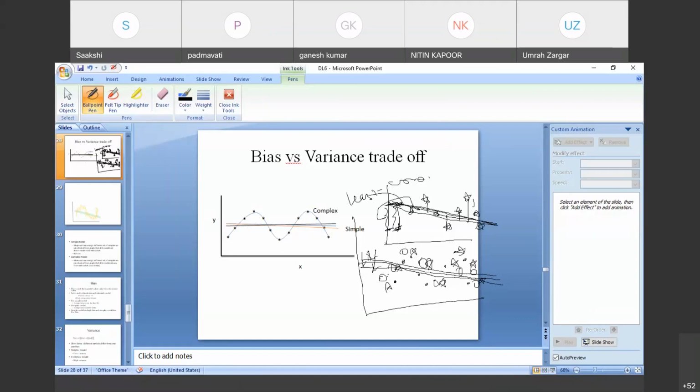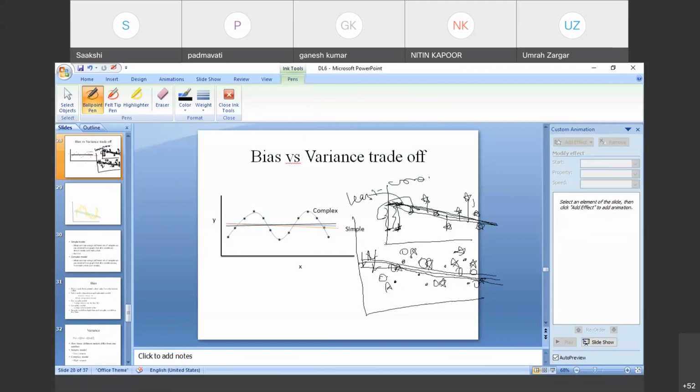All these three lines have been generated for different sets of data points. One is for star, the other one is for circle, and the other one is for simple dots. So we are able to generate three different lines, right?